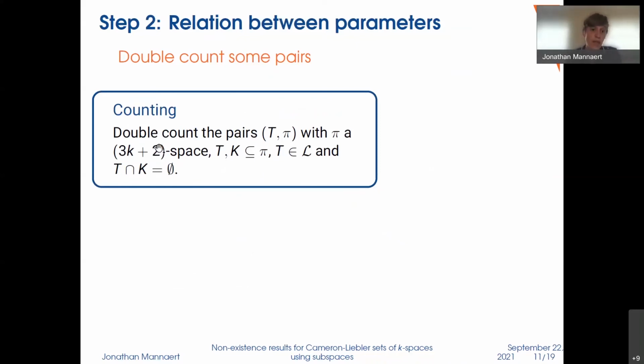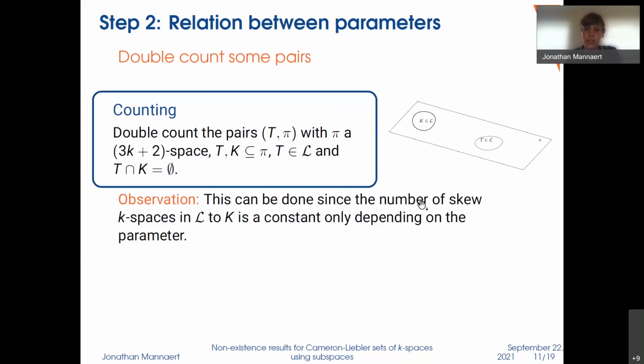Step 2 is to find a relation between this x_pi and this parameter x. And we will do this by a double counting of the pairs (T, pi), where we have a (3k+2)-space pi through our chosen subspace k, that of course lies in L, and our T will be an element also lying in the subspace and in the Cameron-Liebler set, and also lying in pi that is disjoint to k.